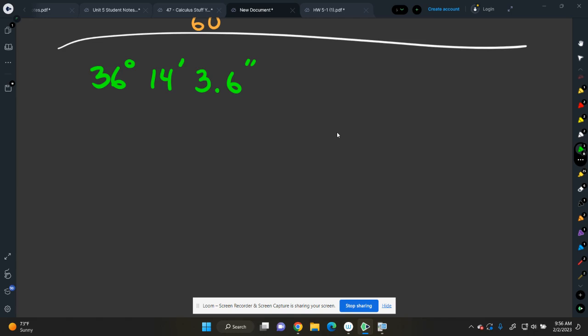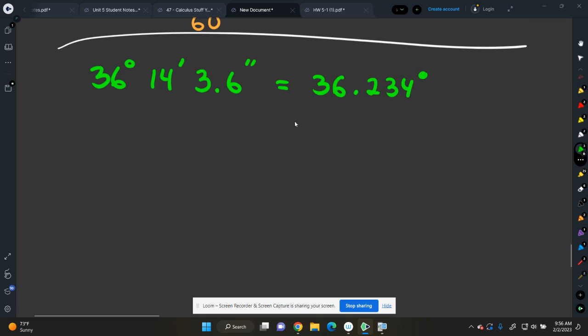It doesn't come out nice, does it? I got 36.234 degrees. Okay. Everybody good with that? Okay, I'm going to show you how to do that on your calculator.